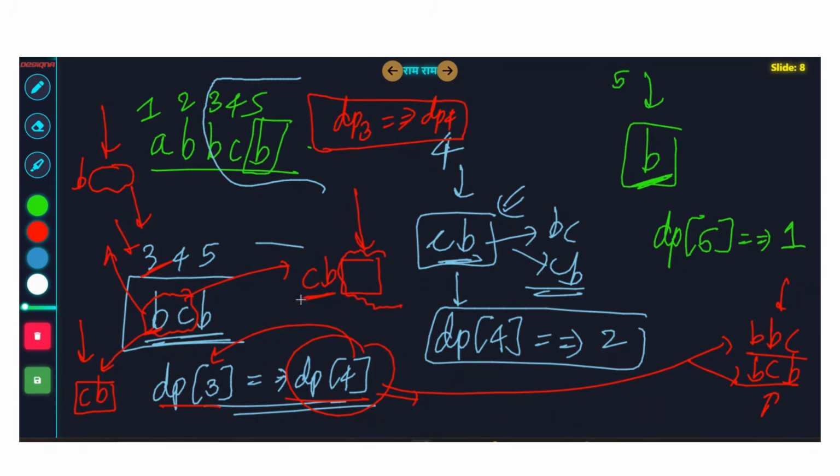If this BC turns to CB, you need to know how many ways there are to fix things from index 5 onward. But at index 5, there is only one character. So DP3 is DP4 plus DP5. And this formula is always true when S of 3 is not equal to S of 4. If they were equal, then you would just have DP3 equal to DP4. So DP3 is DP4 plus DP5. Why did this work out?